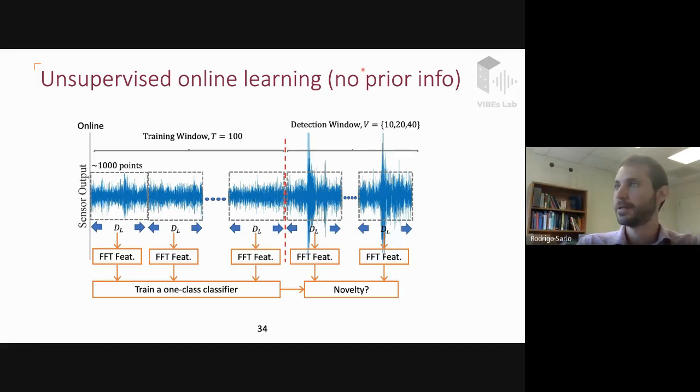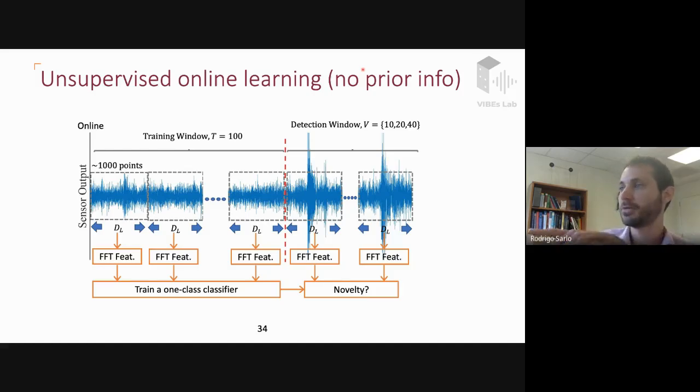This detection window can vary, and a lot of methods do vary it. We play around with values like 10, 20, 40. Obviously, the longer it is, the less noisy your detection will be, but sensitivity could go down.